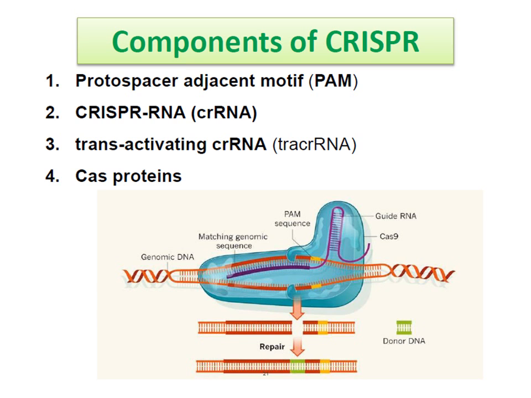CRISPR has four basic parts: the protospacer adjacent motif or PAM, which is 3 or more nucleotides downstream of the recognition site of sgRNA; CRISPR RNA or crRNA, which recognizes a sequence upstream of PAM; tracrRNA, which binds to crRNA and directs Cas to the site of recognition; and Cas protein, which binds to this site and cuts the target.